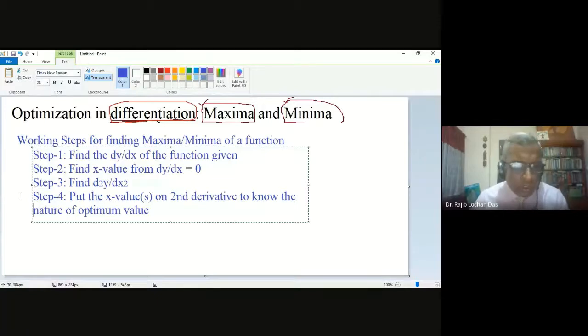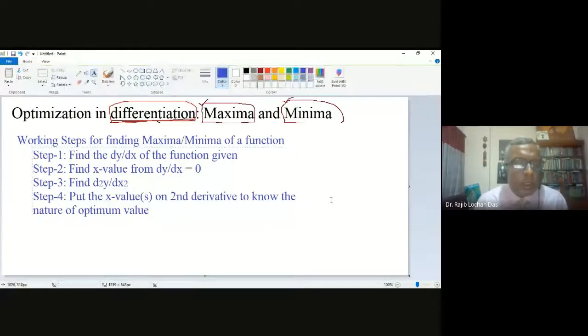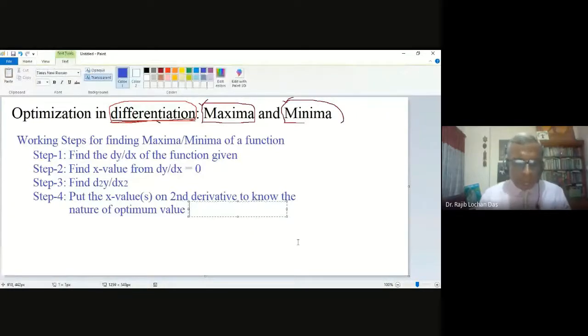So it depends on, I'm writing this, just wait. So what is the nature? I am writing here within a bracket. That means if you find a negative answer, that will be maximum or maxima.